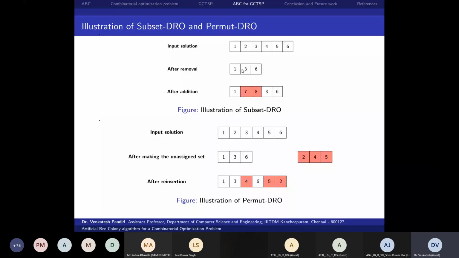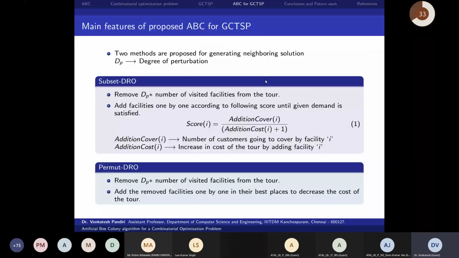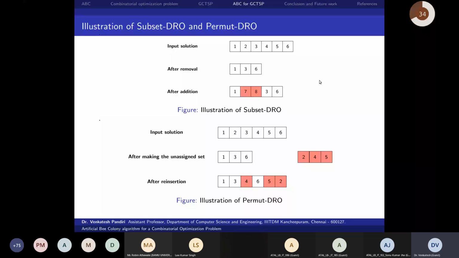From here, based on the score that has been identified, the score is calculated for every facility. The score favors whichever facility has the highest coverage and the least insertion cost. According to this formula, scores are calculated for every facility, and whichever facility has the highest score will be inserted in the tour.